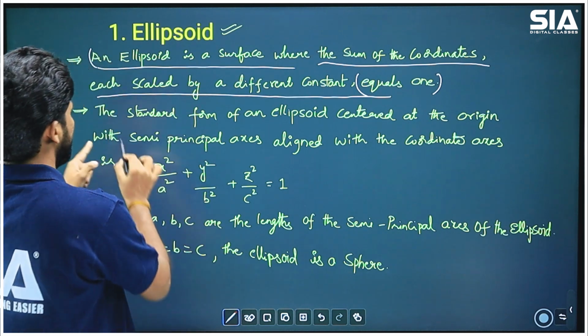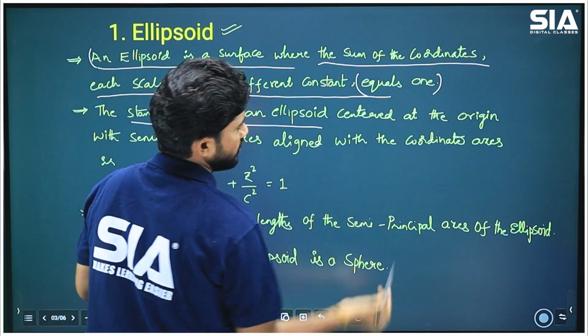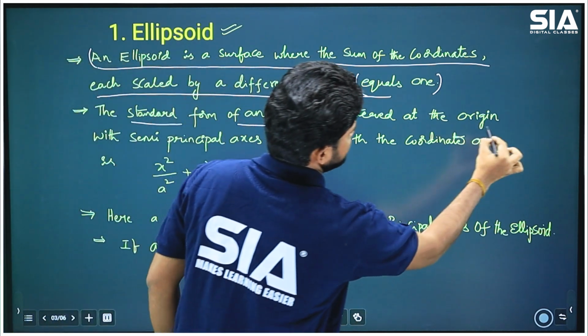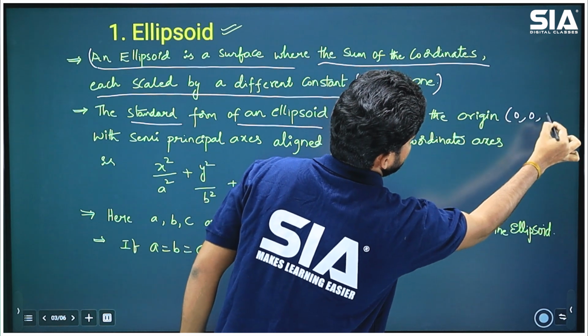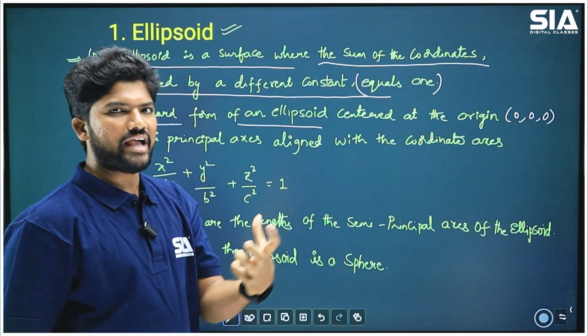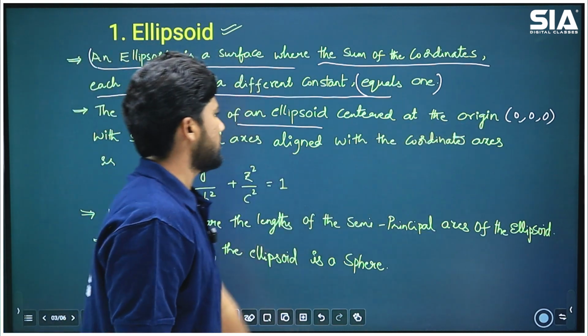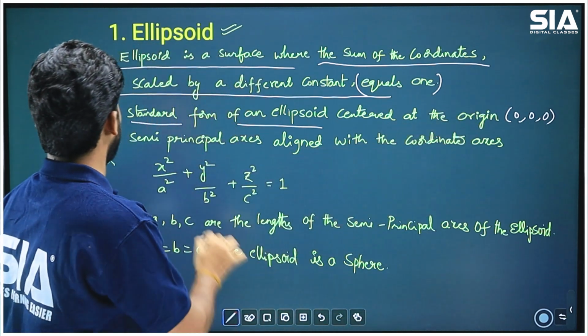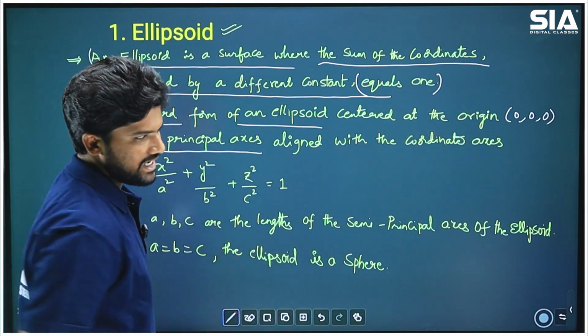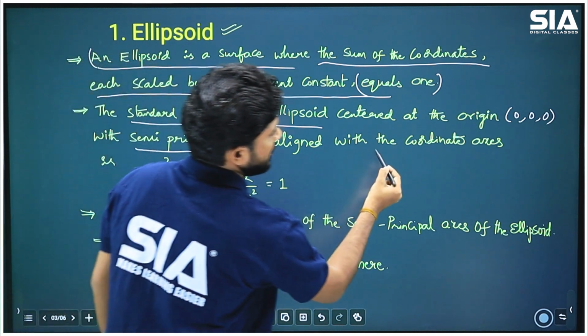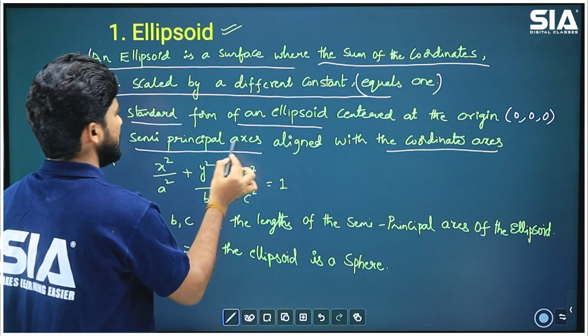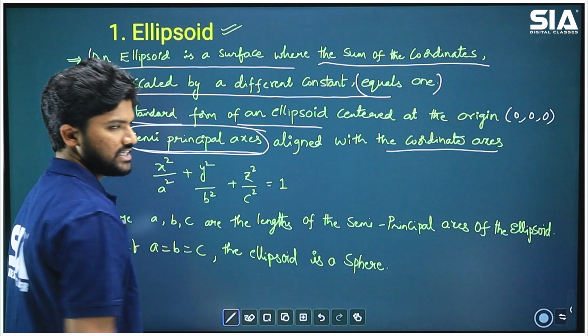That means the standard form of an ellipsoid centered at origin. This ellipsoid is also a three-dimensional conic section, centered at origin 0, 0, 0 with semi-principal axes aligned with the coordinate axes. What is the meaning of semi-principal axis?